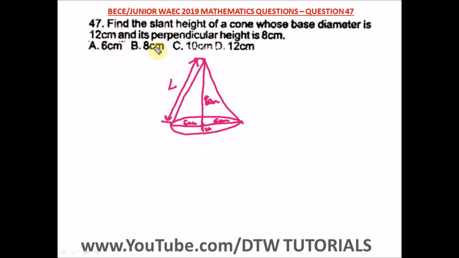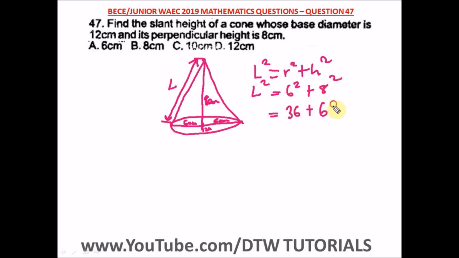Remember, in finding the slant height, L square is equal to R square plus H square. We know our R as 6, so we have 6 square, and our height as 8, so we have 8 square. What is 6 square? This is 36, plus 8 square, which is 64. What is 36 plus 64? That will give us 100. And we have L square.